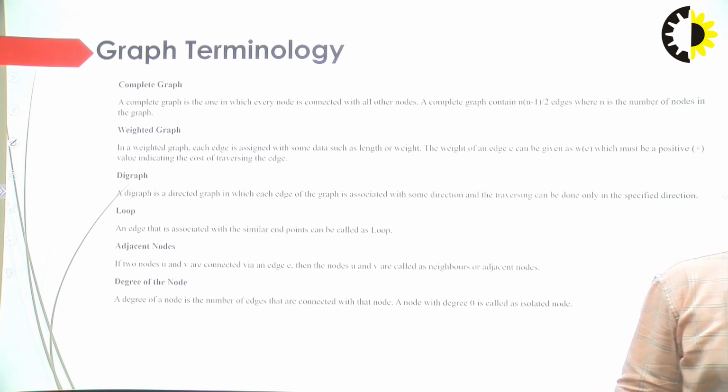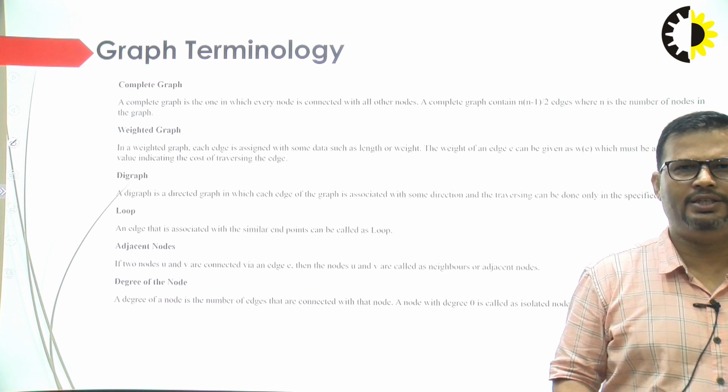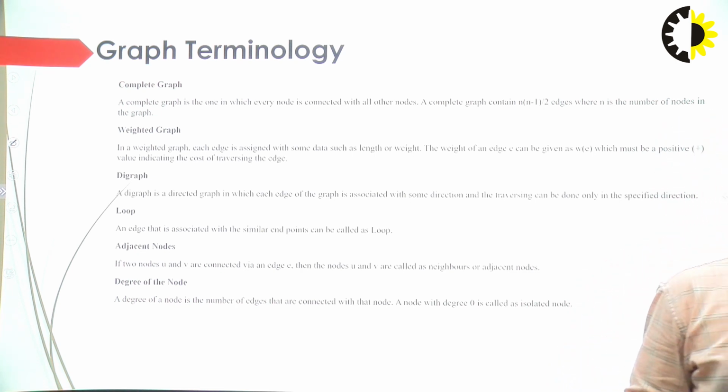A complete graph contains n into n minus 1 by 2 edges, where n is the number of nodes in the graph. Got it? Means a complete graph is one in which every node is connected with all other nodes.